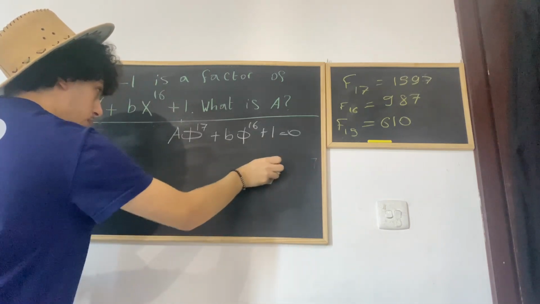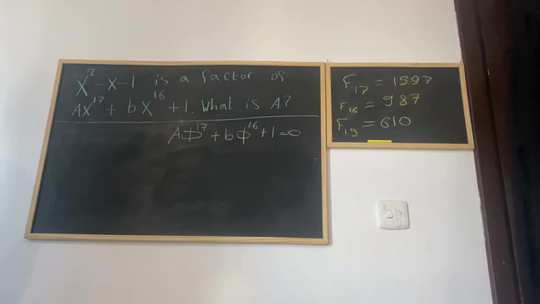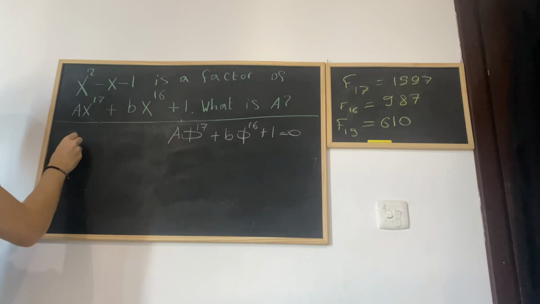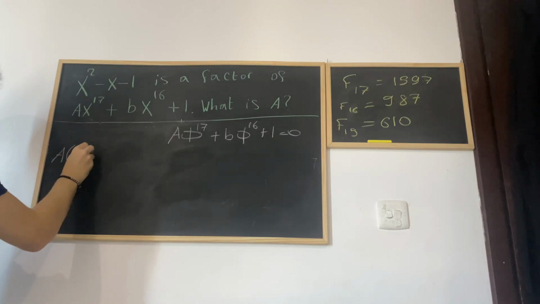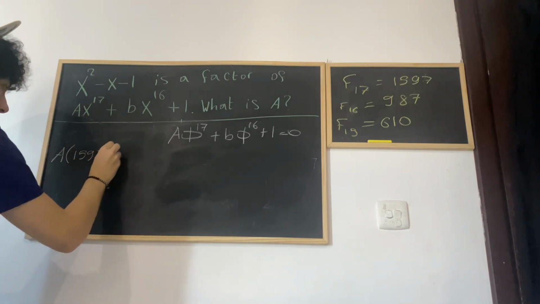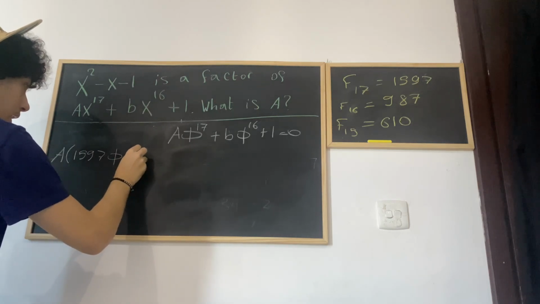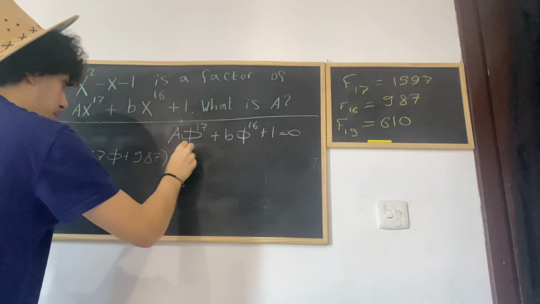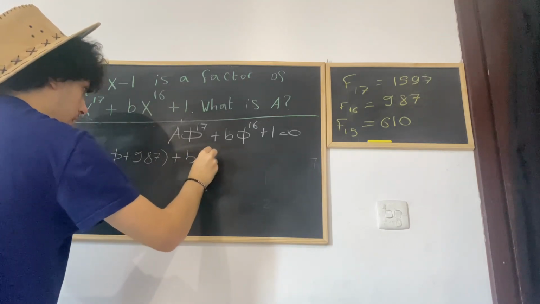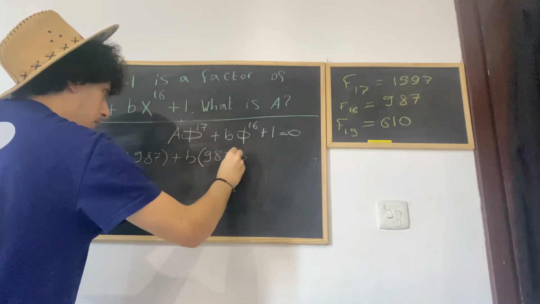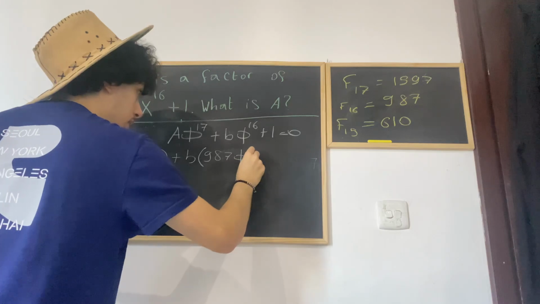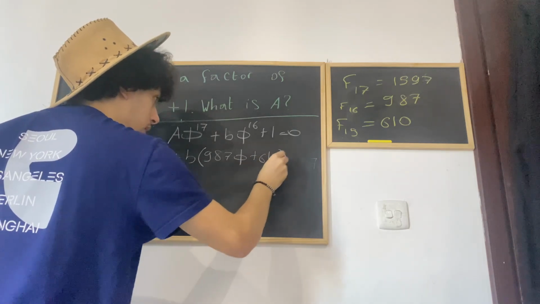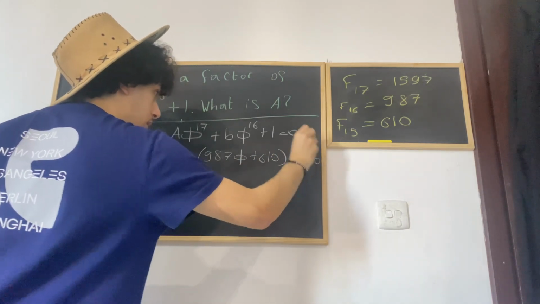So let's substitute those two into our equation here. So when we substitute those two, we're going to get that A multiplied by 1597 phi plus 987 plus B multiplied by 987 phi plus 610 plus 1 is equal to 0.